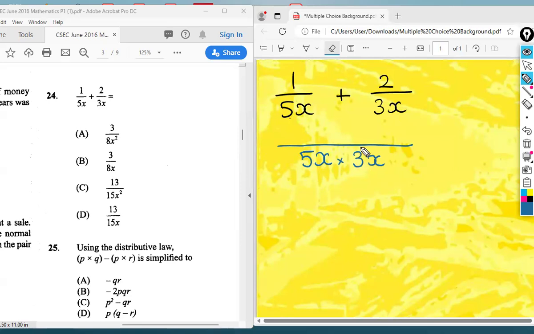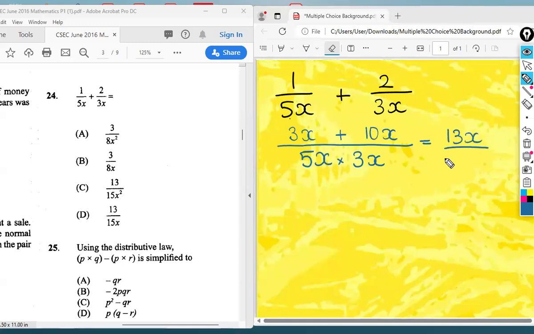3x, which is what you are left with, gets multiplied by 1. Anything multiplied by itself is itself. Plus 3x into this, the 3x and the 3x match up. It leaves you with the other one, 5x. 5x multiplied by 2 is 10x. 3x plus 10x is 13x.